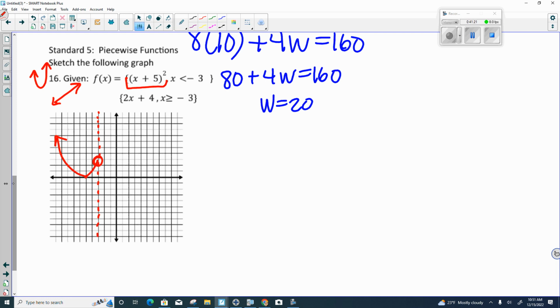Okay, the next piece is going to be some type of diagonal line. This is the y-intercept. This is my slope. Rise 2, run 1. Rise 2, run 1. I need to go in the other direction. So here's what the line's going to look like. This is also worth a point.